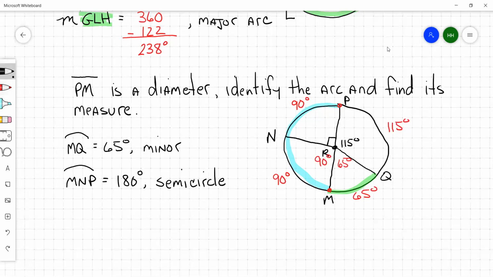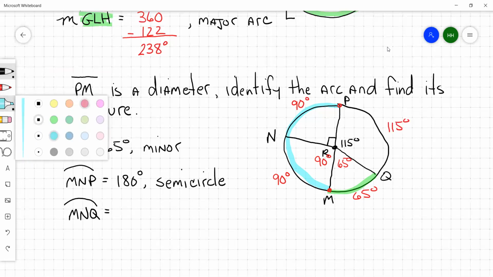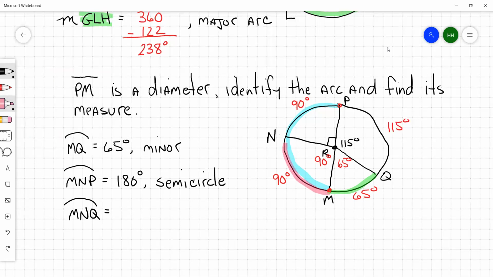Arc MNQ. M, N. That's a big one right there, isn't it? See it? That means you got to start at M. You got to go through N. So we got to go M through N and all the way around here to Q. That's going to be your 360 minus the 65, right?